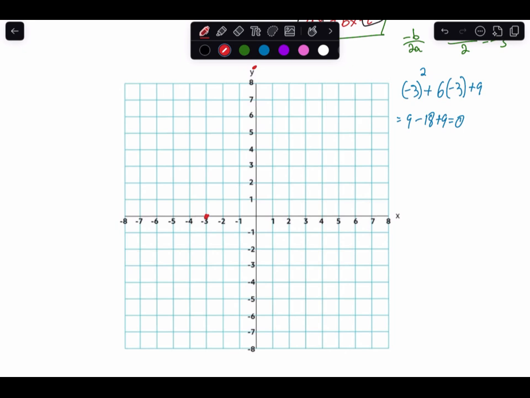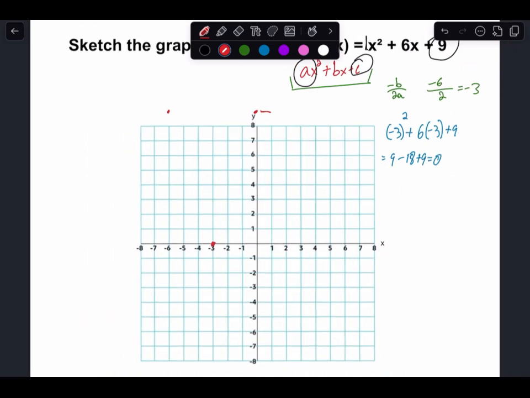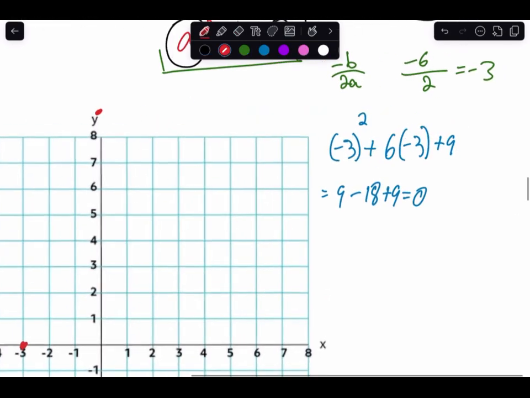Now we can use a couple of different facts about the quadratic function to figure out where another point that lines up at y equals 9 is. It would be 1, 2, 3. It'd be around here. So we can kind of already see the shape of a parabola, but now you have to plug in numbers.